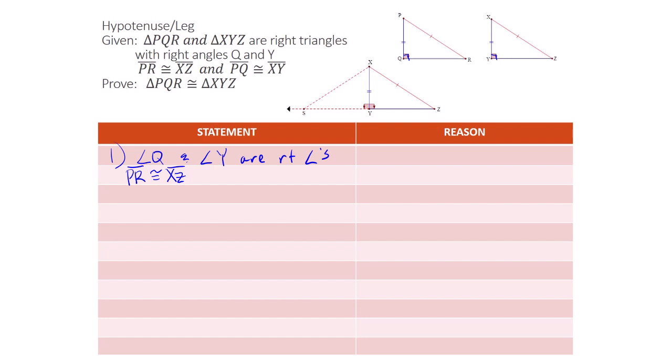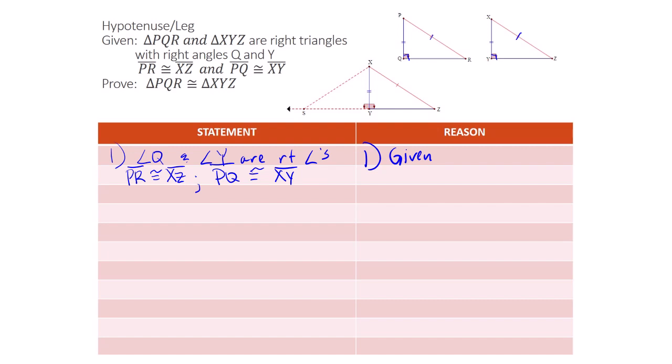So PR and XZ, the hypotenuses. And then we have PQ is congruent with XY. So those are the legs. All right. So let me write in given.